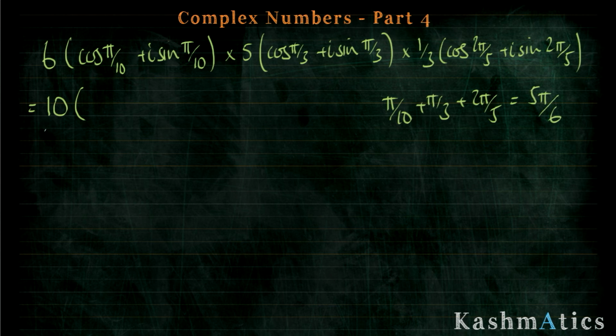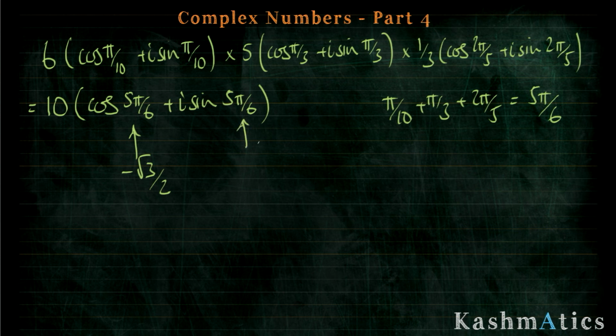So overall, my complex number can be written as 10. So remember, that comes from 6 times 5 multiplied by a third. And it'd be cos 5 pi over 6 plus i sine 5 pi over 6. Now what you could do at this stage is you could actually work out what cos 5 pi over 6 is. So cos 5 pi over 6 is minus root 3 over 2, and the sine of 5 pi over 6 is 1/2.